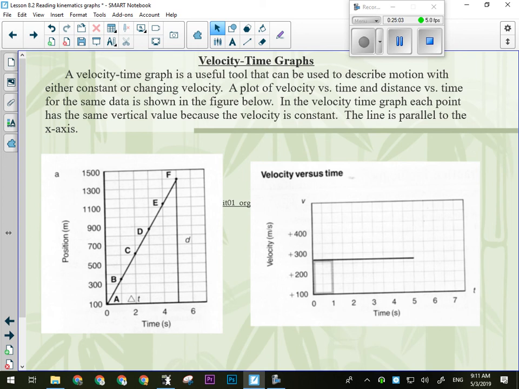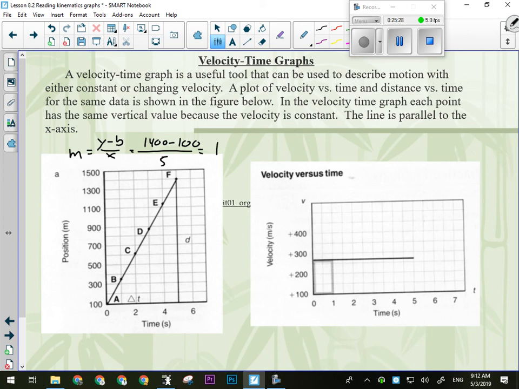Can I calculate the velocity of this object? What I'm going to do is calculate the slope of the line on that graph. So I'm going to go y minus b over x. I'm going to use this point here as my point. The y value there is going to be 1400. B is 100. And x is 5 seconds.